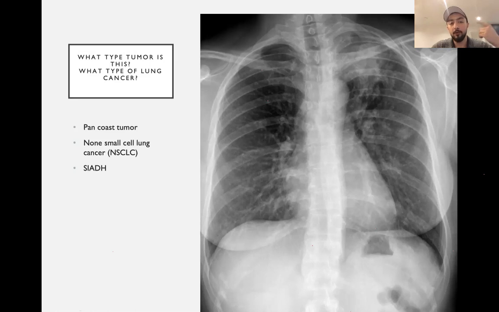So if you know your stuff, you know this is a Pancoast tumor, you know this is non-small cell lung cancer, you will know that non-small cell lung cancers cause syndrome of inappropriate ADH, or in short SIADH, which basically causes your body to retain fluid because it reduces your urination and causes the kidneys to retain salt and water.